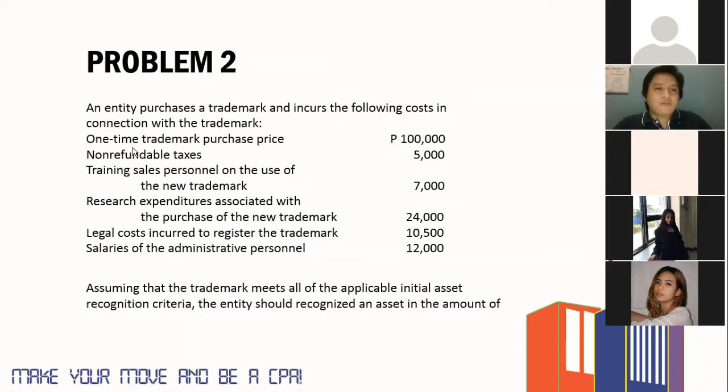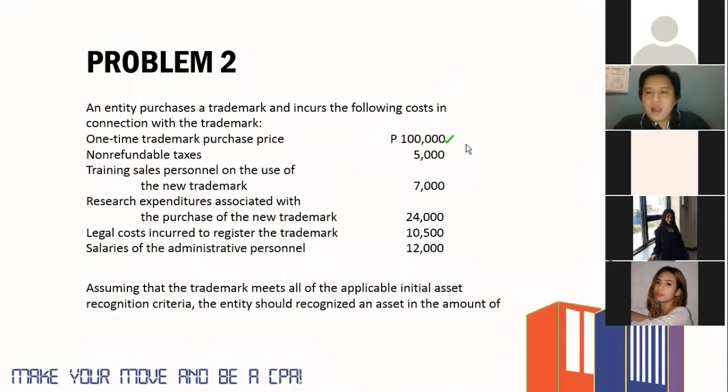Okay? Now, first item, one-time trademark purchase price, automatic, nakita mo purchase price. This is the price that the entity paid for the trademark. So automatically, we include that amount, 100,000 include.